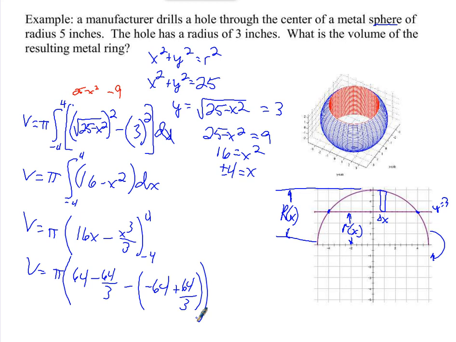There is a minus sign sitting here. What can I do? V equals pi times, I got 64 plus 64, 128, minus 128 thirds.